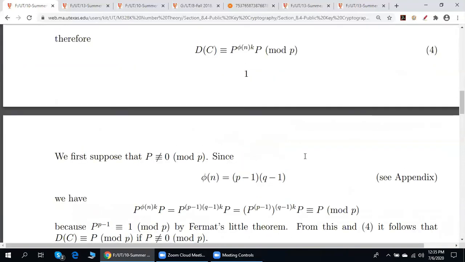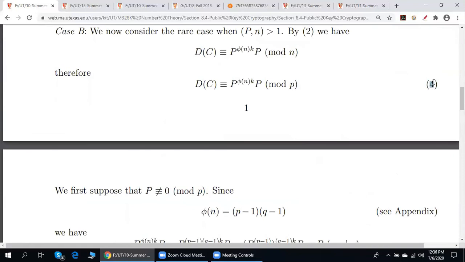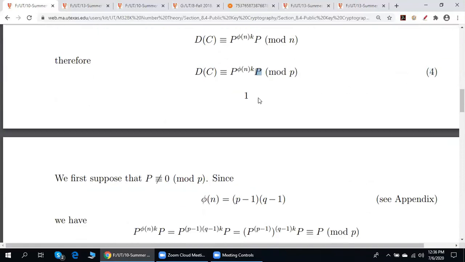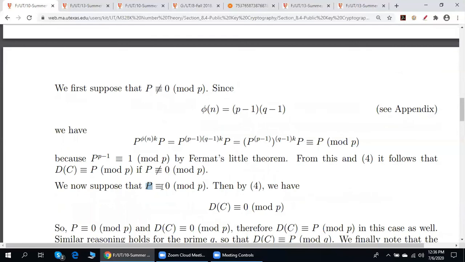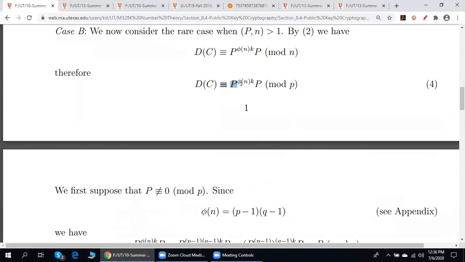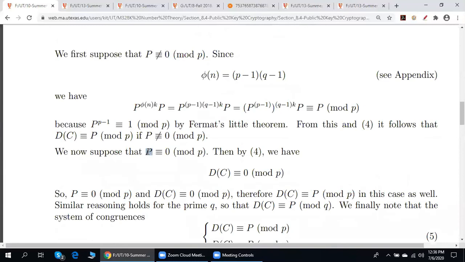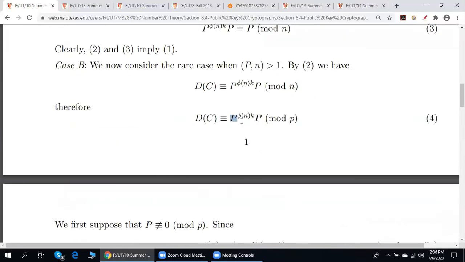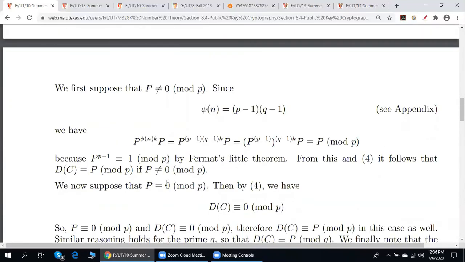Then, let's take a look at 4. Since p, which is over here, is congruent to 0 modulo lowercase p, if we multiply both sides here by this expression, the left-hand side here becomes this. The right-hand side here remains 0.